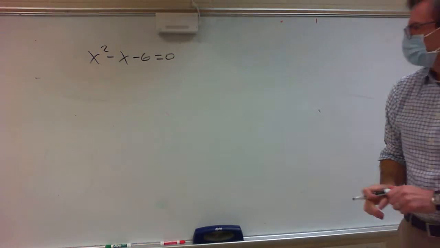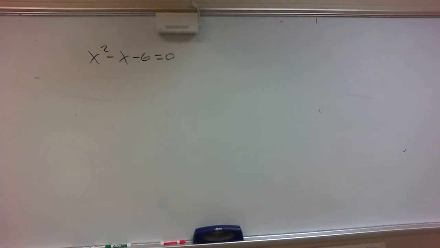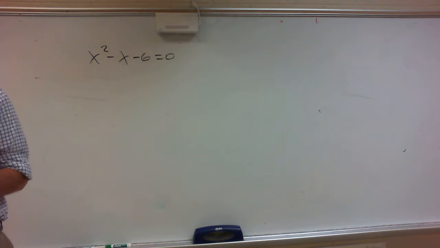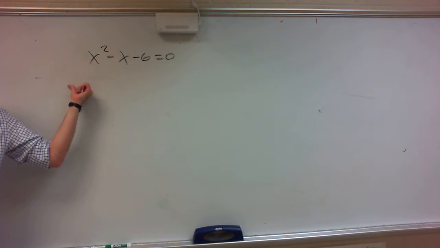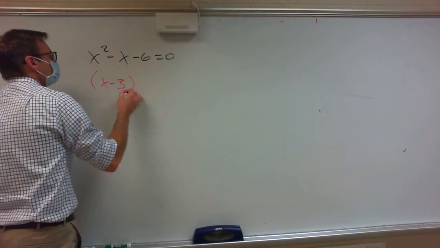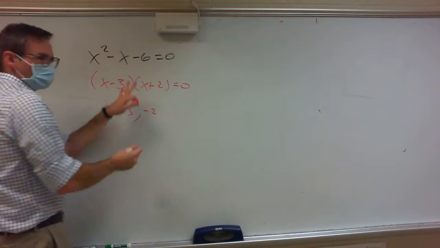Everybody solve that one. Hopefully this is an easy one to solve, right? It factors nicely. That's x minus 3, x plus 2 equals 0, okay, x equals 3 and negative 2. Everybody okay with that?